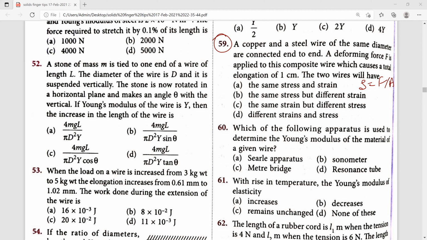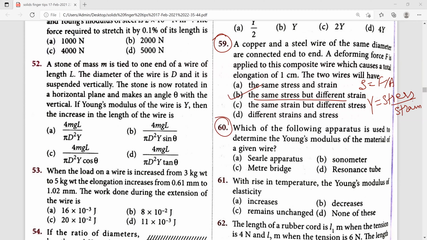So Young's modulus is given by the formula, that is stress divided by strain, or you can modify this one, strain is equal to stress by Young's modulus. So Young's modulus is different for both the wires and stress is same for both the wires. Therefore, strain is different for both the wires. For 59th one, B is the right answer.